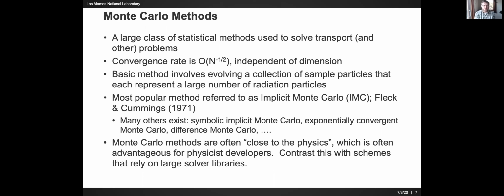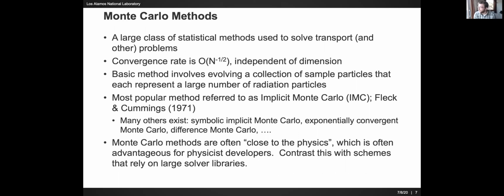And the canonical thing that always goes along with the description of Monte Carlo methods is this statement about convergence rates, which is almost always true, which says that the scheme will converge as order 1 over the square root of N, where N is the number of samples in your method. And that, importantly, is independent of dimension.